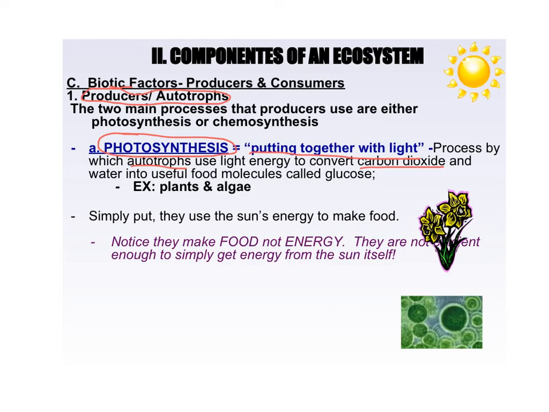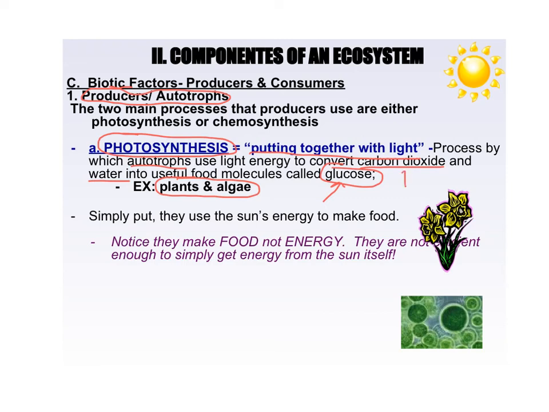Every time you breathe out carbon dioxide. Well, they use carbon dioxide and water to make a sugar called glucose. So glucose is just a sugar. Plants, algae, and some bacteria, they can make a sugar from the air and water.